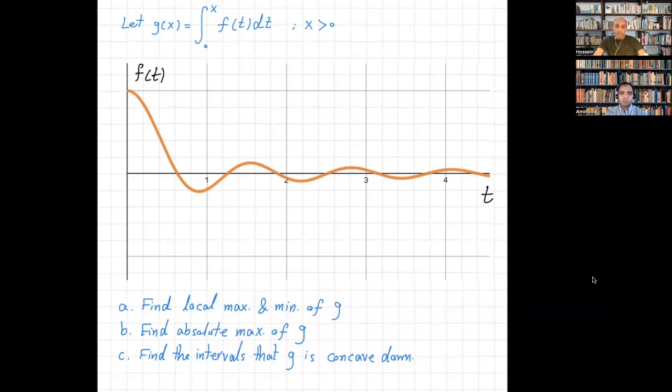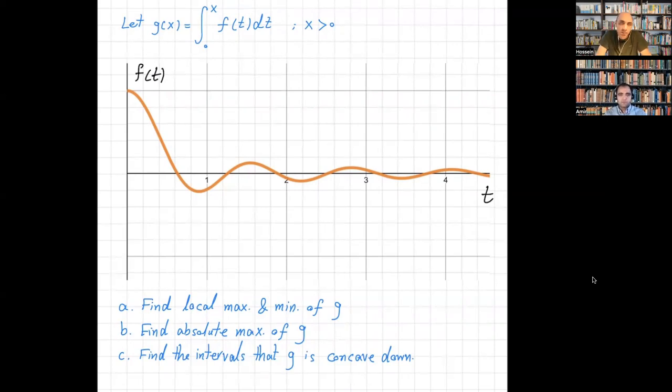That's a very good point. And given that integral above the figure, you're supposed to solve parts A, B, and C. So let's start with part A. Please find local maximum and minimum of g of x.